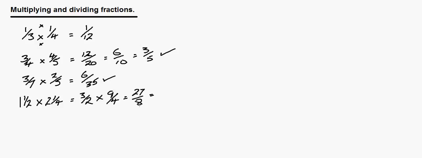So all I do is I find out how many times 8 can go into this number, 27. Now I know 3 eights are 24. So if 3 eights are 24, that gives me a whole number of 3.